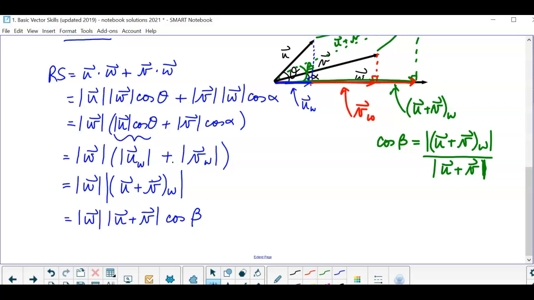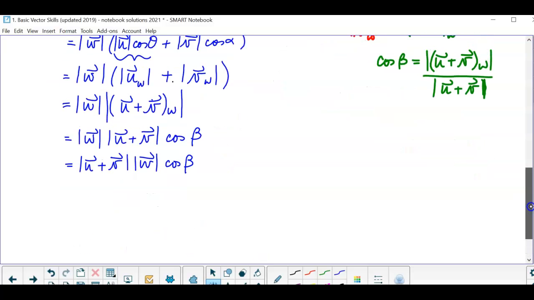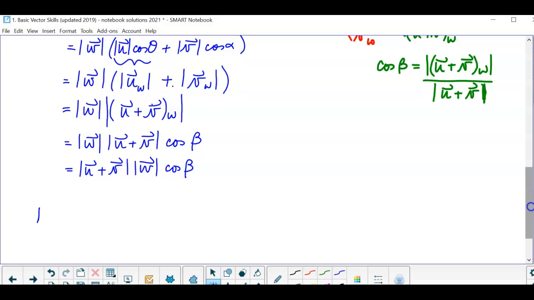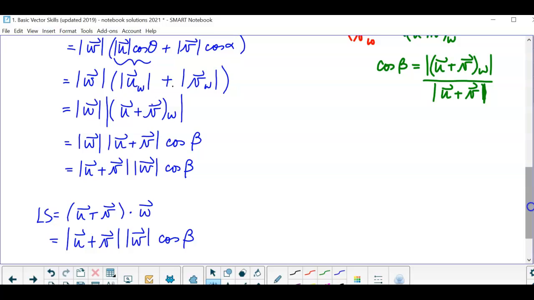We just rearrange that. Then that's the definition of the dot product. So now this is the left side: U plus V dot product W. By the geometric definition, I'll call the angle between U plus V and W beta, then it's the same. Left side equals right side.